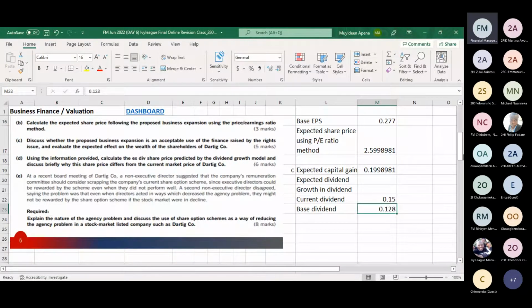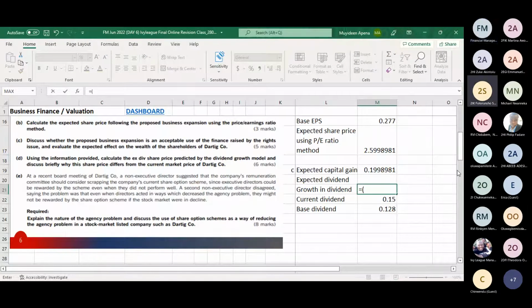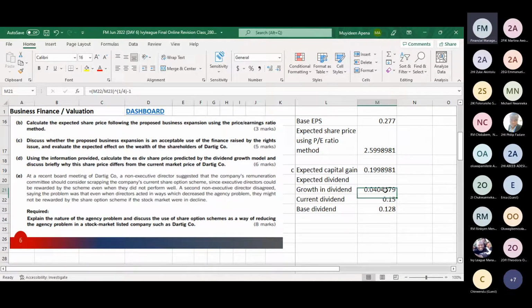So growth in dividend will equal bracket open, current dividend divided by base dividend, bracket close, to the power of 1/4, minus 1. So this is the growth in dividend.